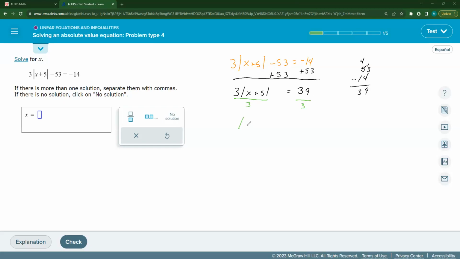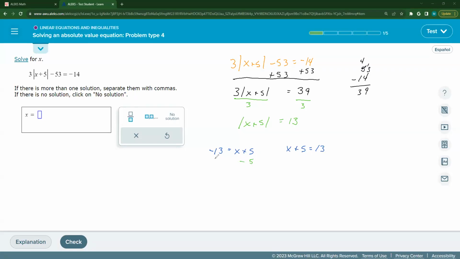So I have the absolute value of x plus 5 is 13 spaces from 0. So now I can do my 2 equations. I know 13 spaces from 0, I could be at negative 13 equals x plus 5, and then I could also be at 13. And then I get to solve each of these, which hopefully isn't going to be too bad.